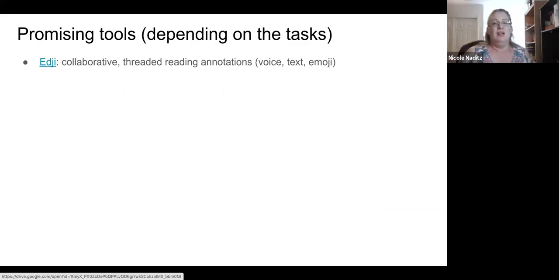Edgy is a collaborative threaded reading annotation tool. It helps in a couple of ways. One of the things it does, we were talking about engagement in terms of providing multiple ways for students to demonstrate their understanding. When teachers create an activity with Edgy, they decide in what ways students can provide their responses, ranging from voice recording to text to emoji, or a combination of the three.